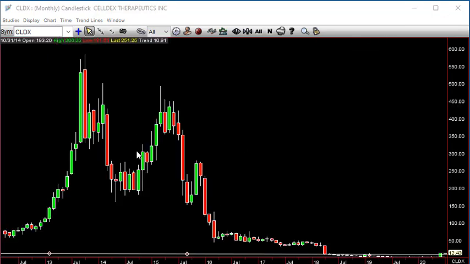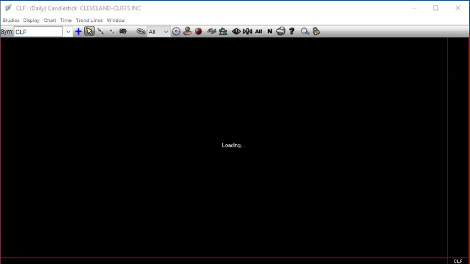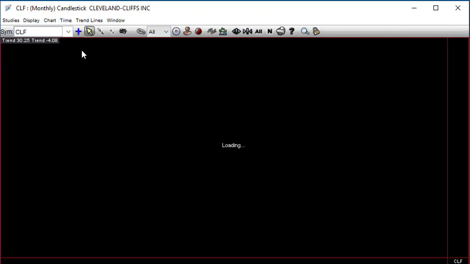CLDX. It used to be somebody. So right, this thing's just trying to expand out now. So you can see all this stuff now is inside of this here. So it'll start over again. You see, slight lower lows, higher high, chopping around. That needs to break out of that. CLF. Yeah.